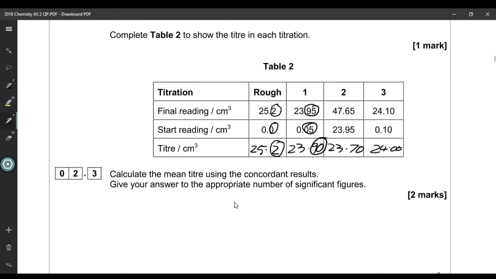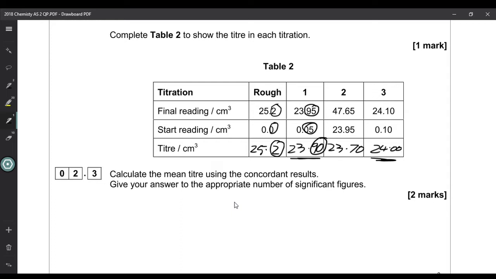Now calculate the mean titre using the concordant results. Give your answer to the appropriate number of significant figures. What we've got to do here is work out which of those values to use. In this case, we're only going to use 1 and 3 because sample 2 isn't a concordant result.